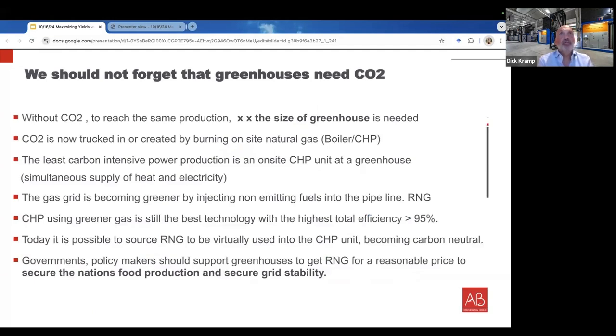So there's a lot of offense against natural gas, but basically without CO2, to reach the same production the greenhouse has to be X size bigger to have the same production without CO2, right? So CO2 is now trapped in or created by burning natural gas on-site. The least carbon-intensive power production is on-site CHP.